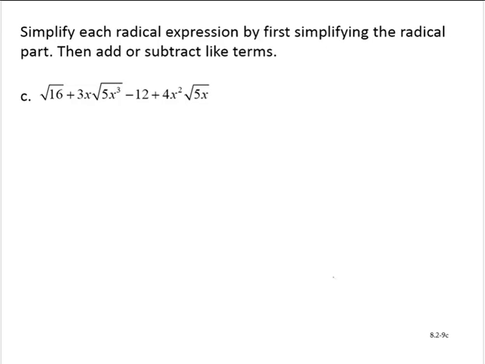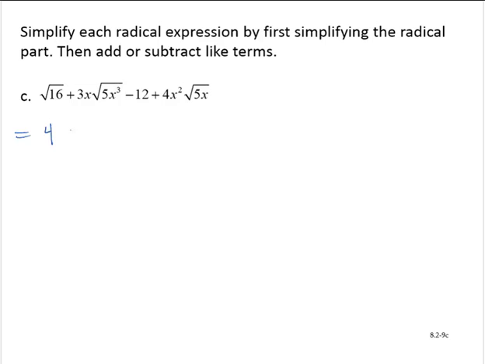Exercise C. I have the square root of 16 plus 3x times the square root of 5x cubed minus 12 plus 4x squared times the square root of 5x. Alright, so let's see what we got here. Well, the first term, square root of 16 is 4. That's easy.